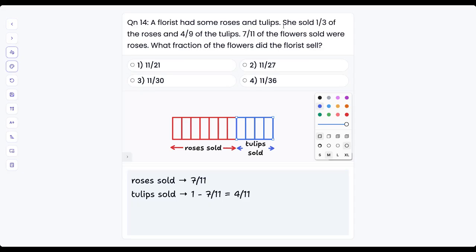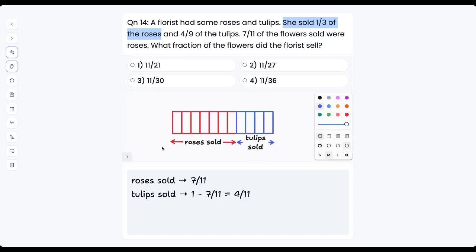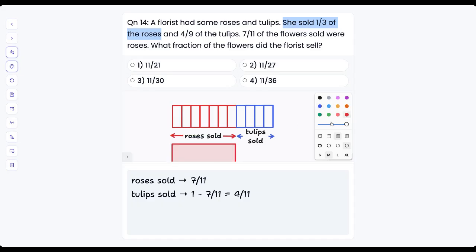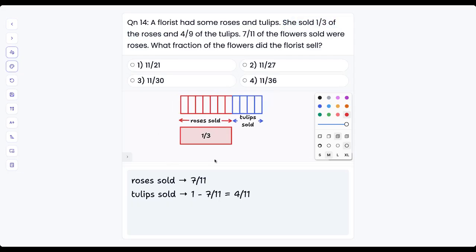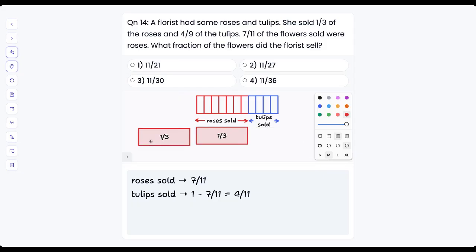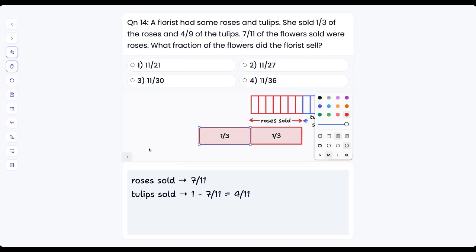Okay, so next thing is, we know that she sold one third of the roses. So if I were to draw the roses sold, this is one third of here. That means the other 2/3 are like this.